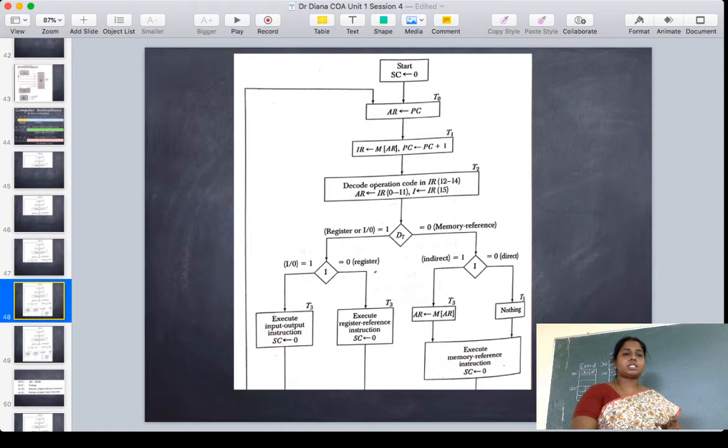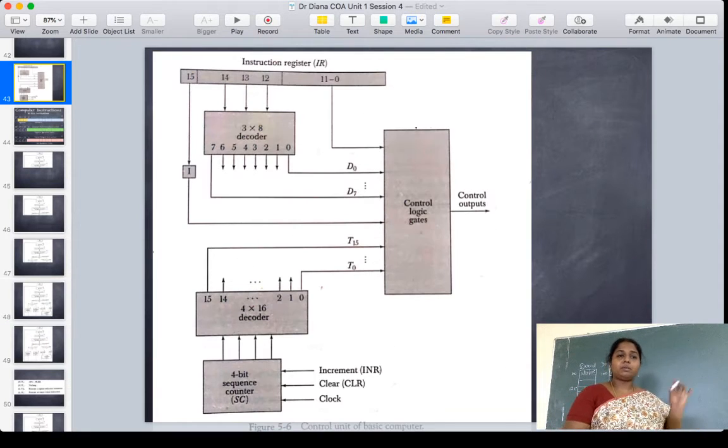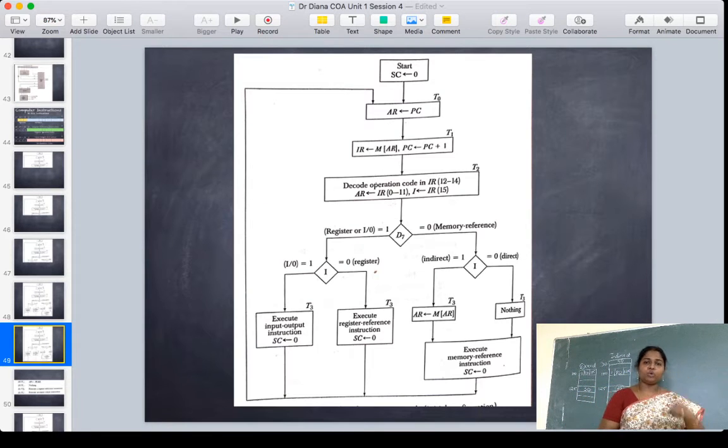When I look into this circuit, at time cycle T2 itself, you can find that we have already put the values of the instruction register 0 to 11 in the address register. So this 125 I have already placed in the address register at time cycle T2. So for direct memory access, I need not worry about reading or finding another address value.